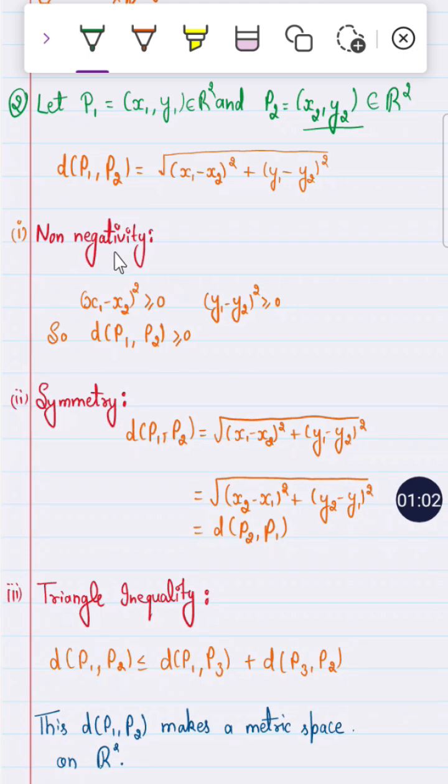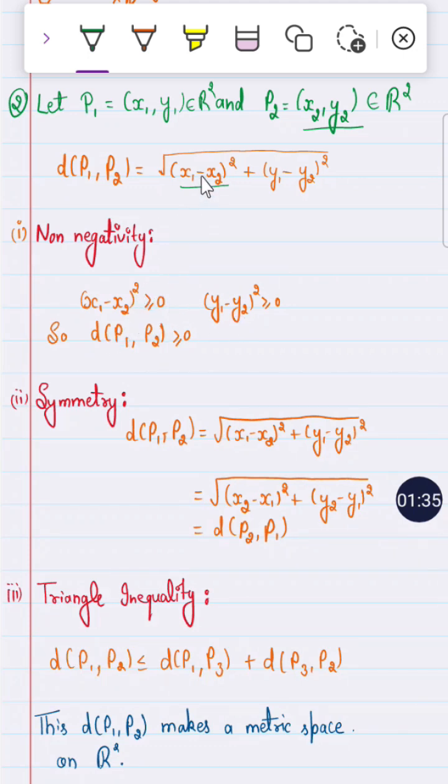First property is non-negativity. What is non-negativity? The square of x1 minus x2 is always positive. The square of y1 minus y2 is always positive. If these two elements are positive, then the sum of these is always positive, and the root of this is always positive. So d of p1, p2 is always greater than or equal to 0 because of the squares.